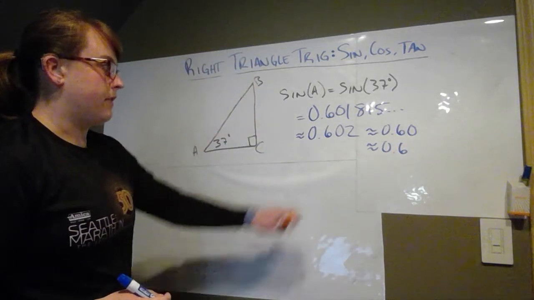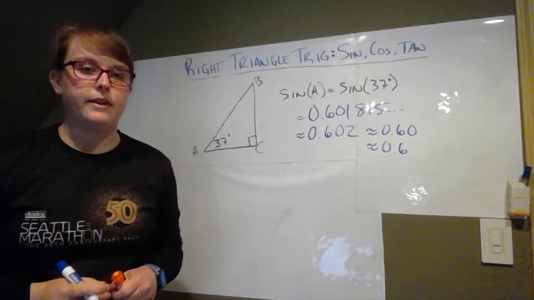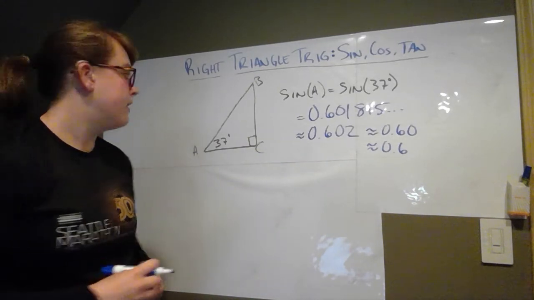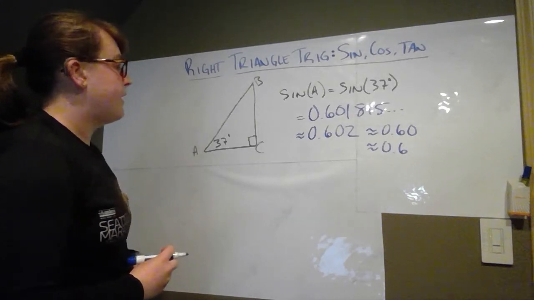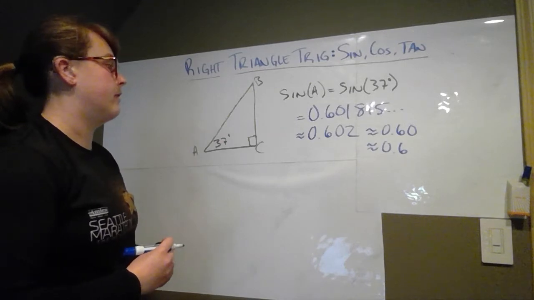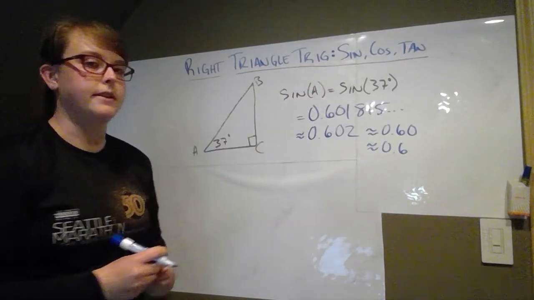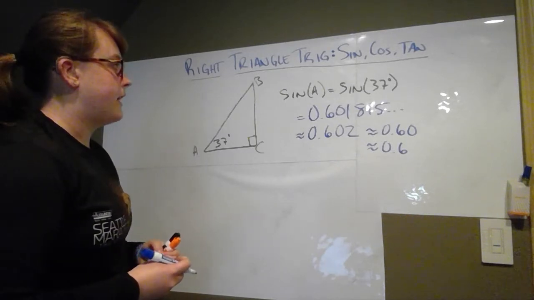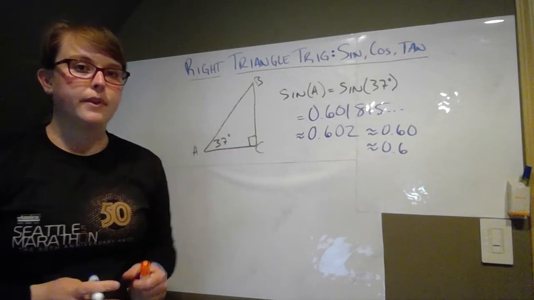Typically, I would like to round to 3 decimal places, but make sure you pay attention to whatever worksheet you're doing asks you to round to. But yeah, so that's another thing that we can do. You could type in cosine of 37, or you could type in tangent of 37, and you would get the decimal ratio of those sides on your triangle.